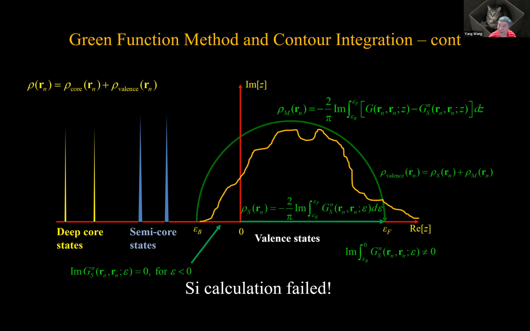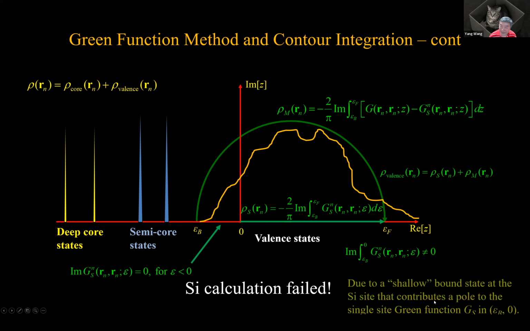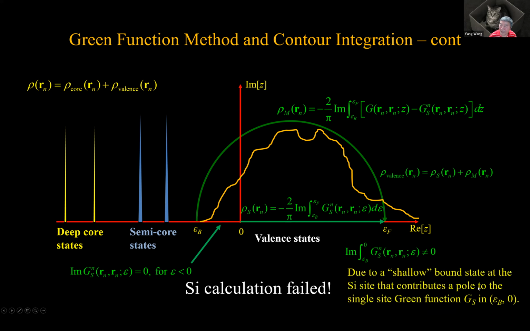For silicon, we found something very strange. It has a shallow bound state in this region that contributes certain values to the integration when you take the imaginary part. That's what complex analysis tells us is going on. Actually, it's because the s electron on silicon contributes a pole to the single site Green function. That makes this integration non-zero.